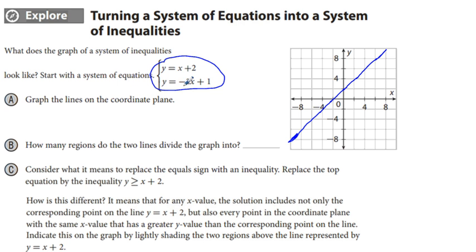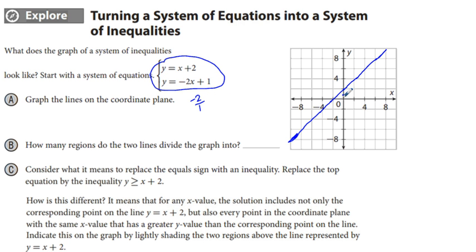And then we have the second equation, y equals negative 2x plus 1. And so we mark a y-intercept at 1. And then our slope is going to be negative 2, which is a rise of negative 2, run of 1.